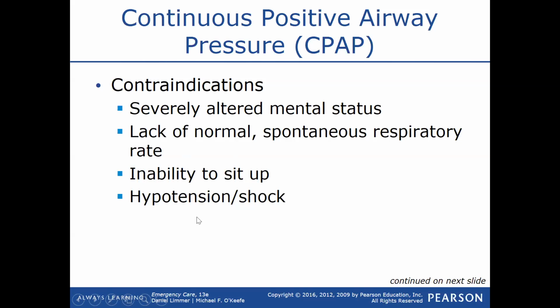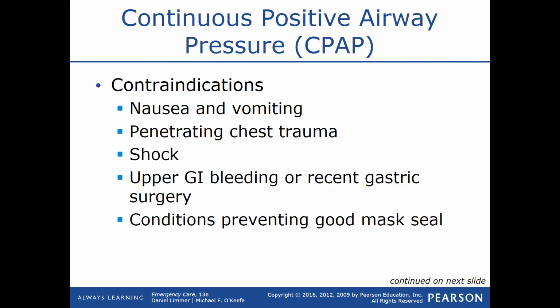Pretty much, if your patient is normal for the most part, they can use it. If they're not mentally altered, if they're sitting up, if they can function normally but are having difficulty breathing, you can put a CPAP on them. If they're having difficulty breathing, but they are normal for the most part, besides the difficulty breathing, they can have a CPAP if needed.